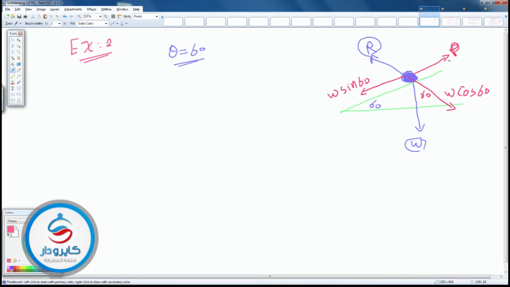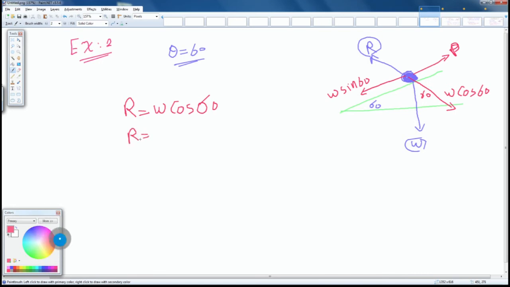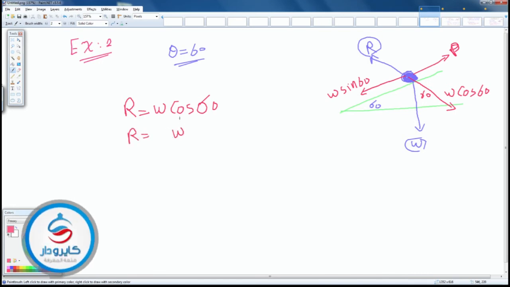It could be mu R or not, so we have to write the equations of equilibrium. R equals W cosine 60, and cosine 60 is half. Now we reach the value of the normal reaction: R equals half W. It depends on the value of the weight.